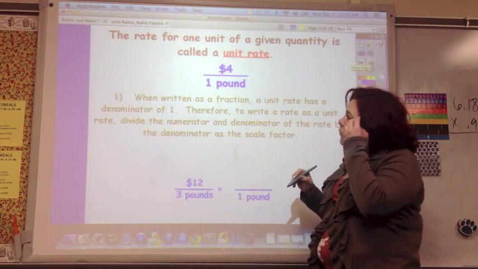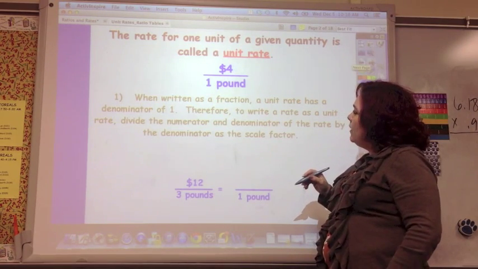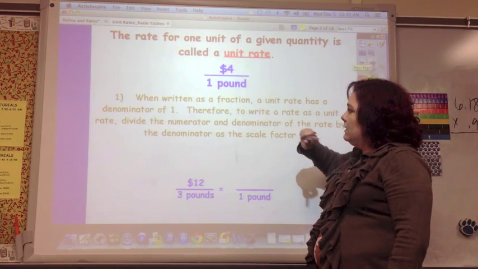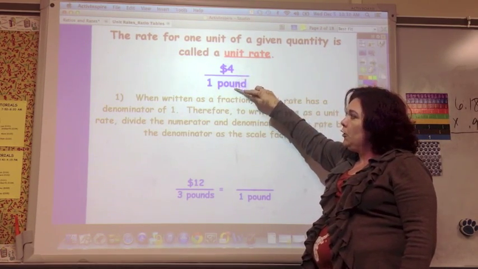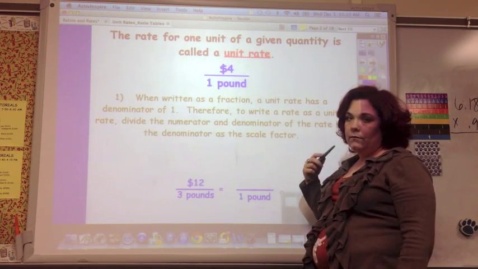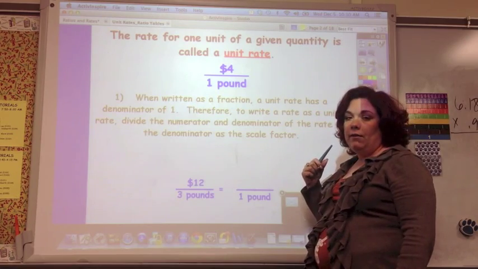And a rate for 1 unit of a given quantity is called unit rate. You need to write that down. And an example is $4 per 1 pound. So go ahead and write that down.